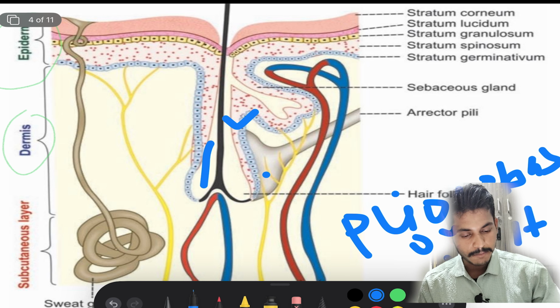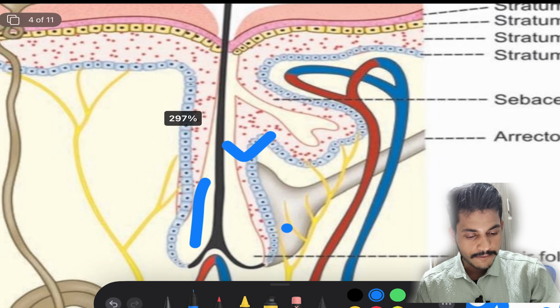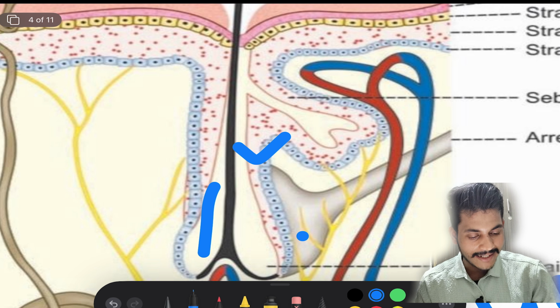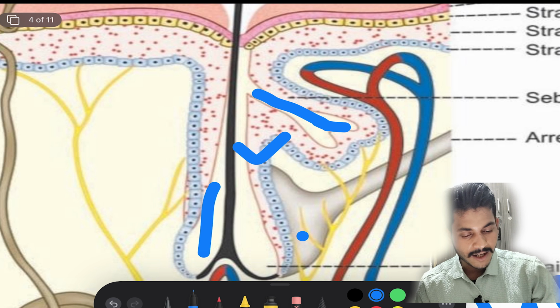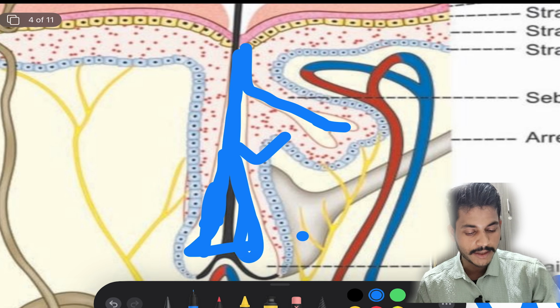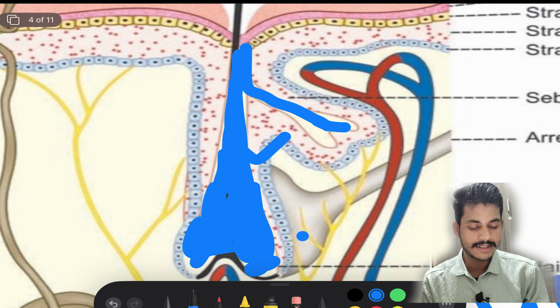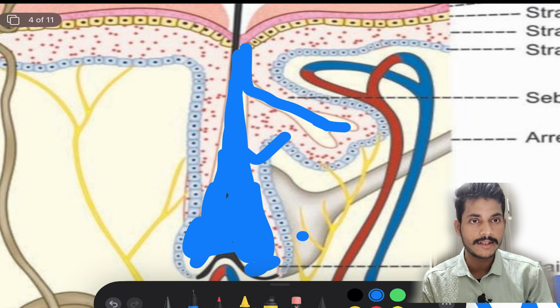hair shaft. This black one is called the hair shaft. And you see the secretions of these glands, the sebaceous gland, the secretions come from this root. If these bacteria overgrow and block this whole pilosebaceous unit, then there will be a disruption in the smooth circulation of sebum, and that's why these glands bulge.